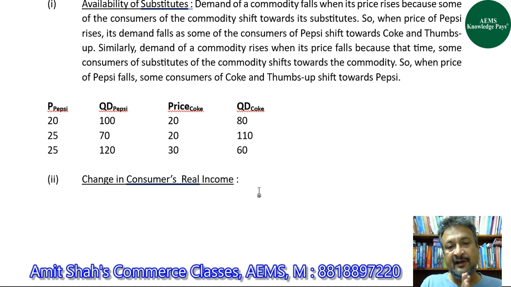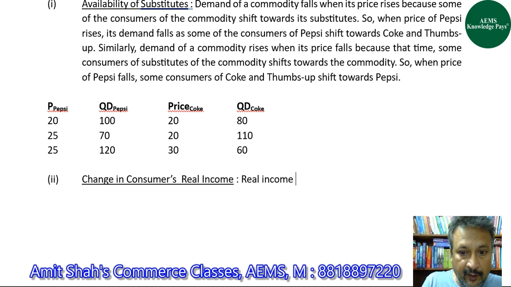So, real income basically is the purchasing power. It is not the actual income, but it is real income in terms of your purchasing power, right? Real income means purchasing power of a consumer.